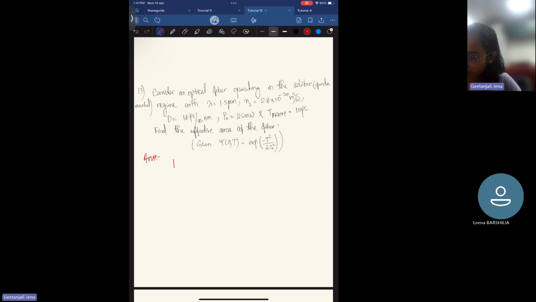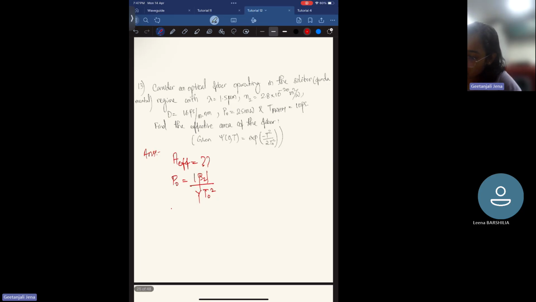It was asking about what is the A effective. So A effective, we need to find out, and we are given P0, which is nothing but mod of beta 2 by gamma T0 square. Beta 2 is the group velocity dispersion coefficient and gamma is the nonlinear coefficient. And as I said before, T0, if it is not given a second pulse, you can take this as a Gaussian pulse.